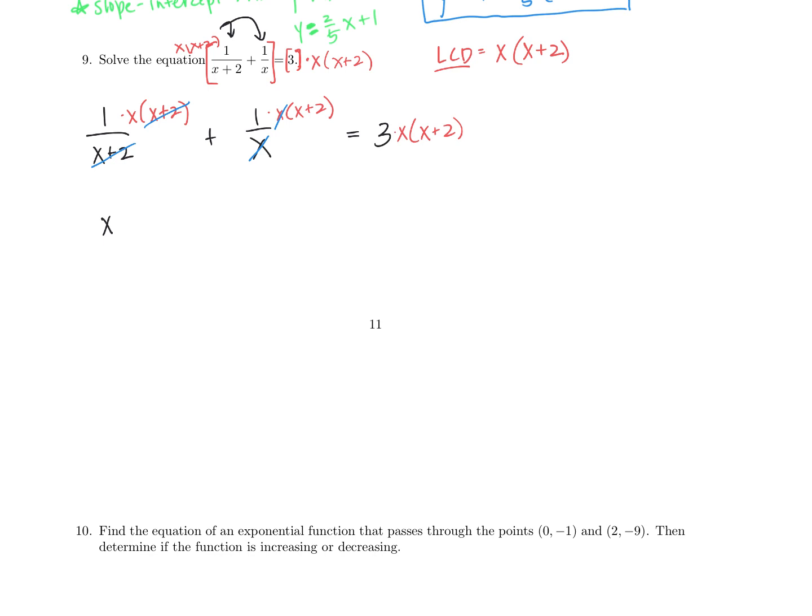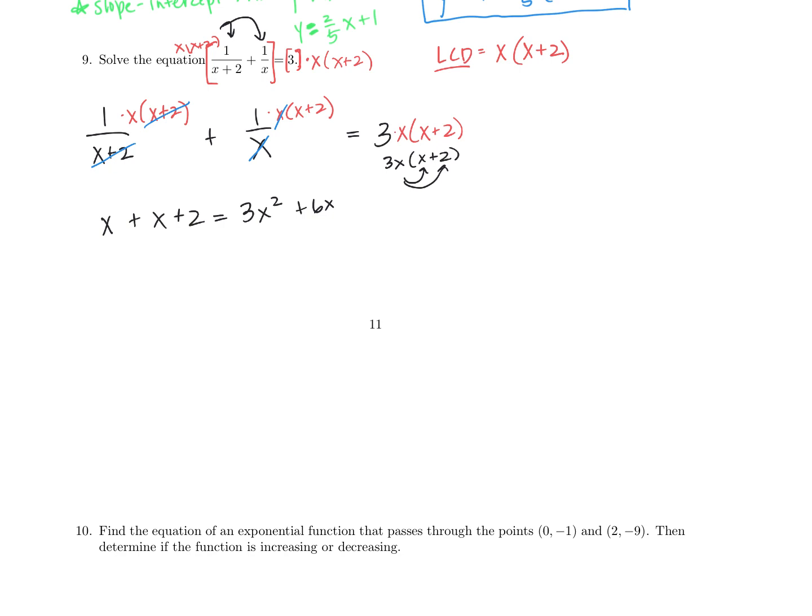So all that's left is 1 times x plus 2. Well, that's just going to be x plus 2. Equals, here we have 3 times x, so that's just 3x, times x plus 2, and then we just distribute that 3x. So we're going to get 3x squared plus 6x.